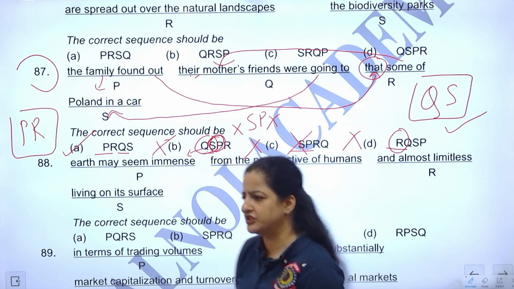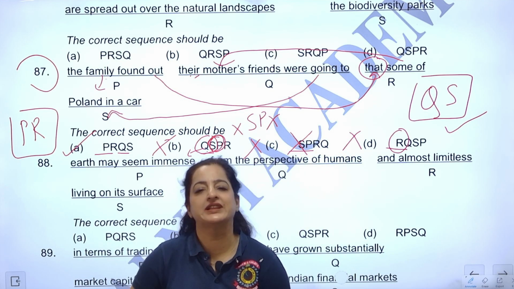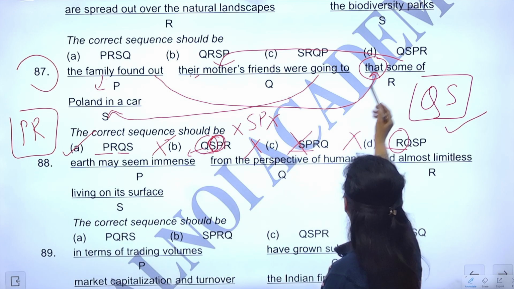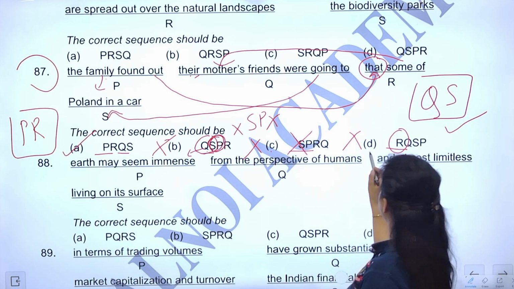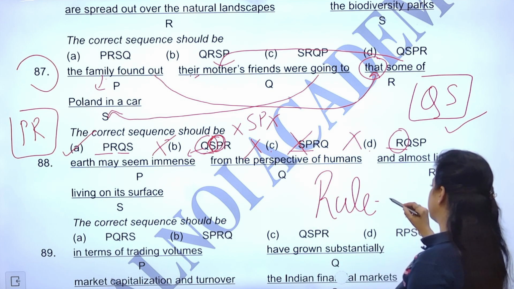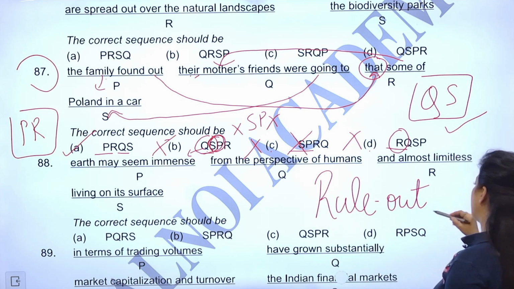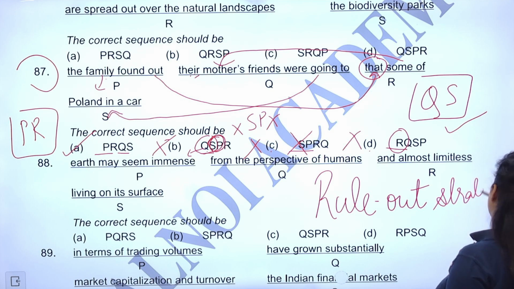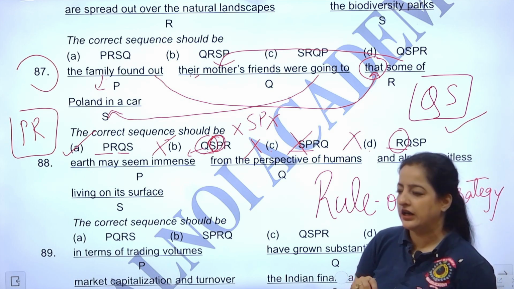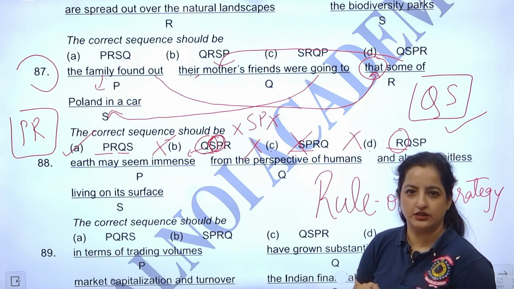Whichever options don't really begin with an independent fragment. In this case, Charlie, Poland in a car, beginning with that. So Charlie, Delta are ruled out. So you can add to one of the tips I gave you earlier. Go by elimination strategy. Rule out options which are illogical, nonsense.